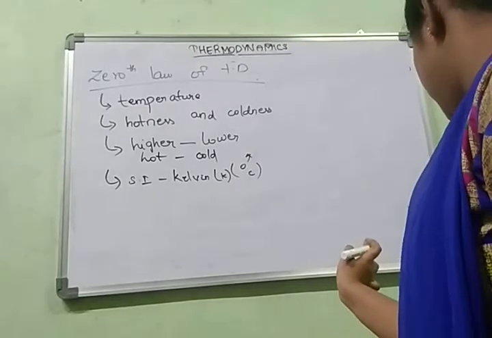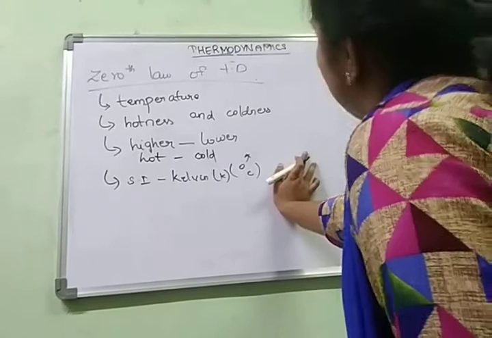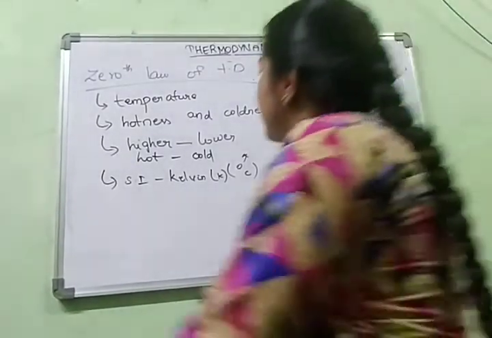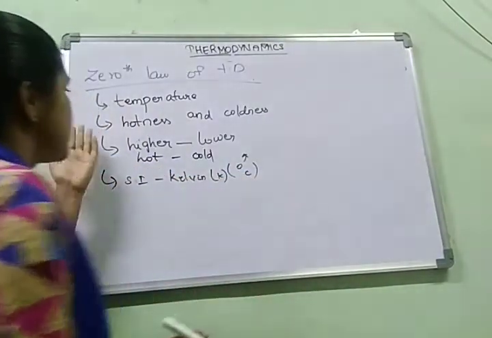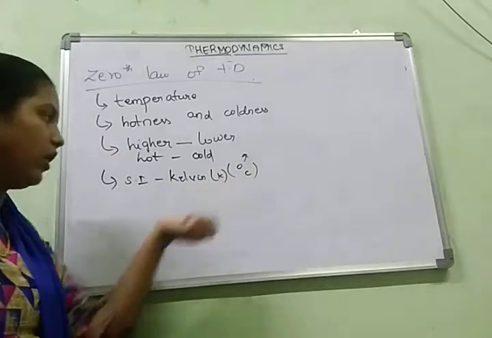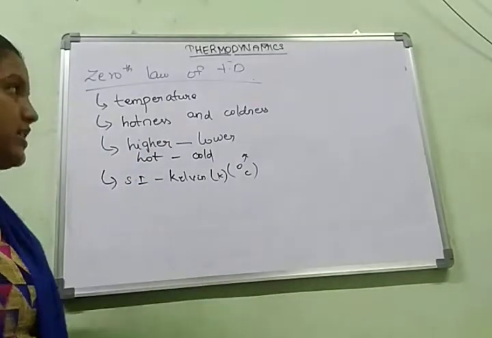Every point is written here. The zeroth law of thermodynamics deals with temperature, the measure of hotness and coldness, from a higher body to a lower body, I mean from hot to cold, and the SI unit is Kelvin or degrees Celsius.